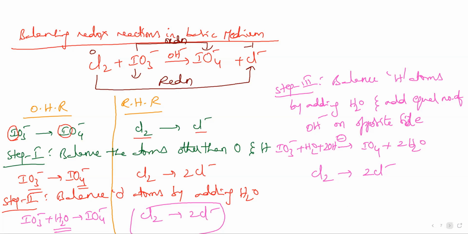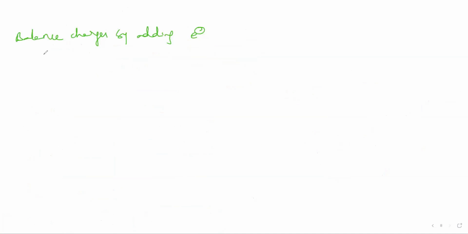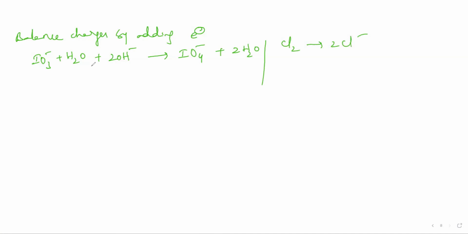So let us write down those equations once again. IO3 minus plus 2OH minus gives IO4 minus plus 2H2O. Here, Cl2 gives rise to 2Cl minus.